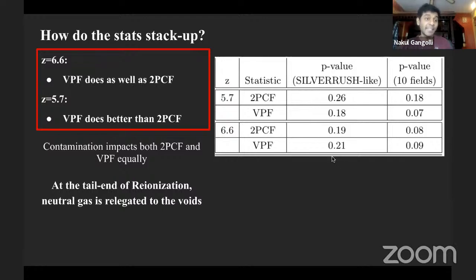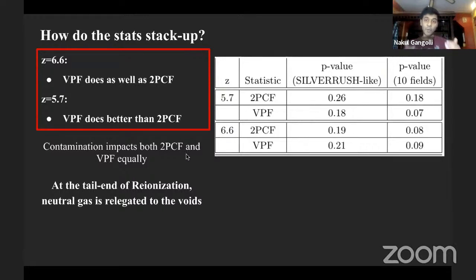What we end up finding is that at redshift 6.6, the void probability function does about as well as the 2-point correlation function. But at lower redshift, at redshift 5.7, the VPF actually does a better job than the 2-point correlation function. This holds while we account for contamination effects as well. We test for contamination and find that it affects both of them roughly equally.